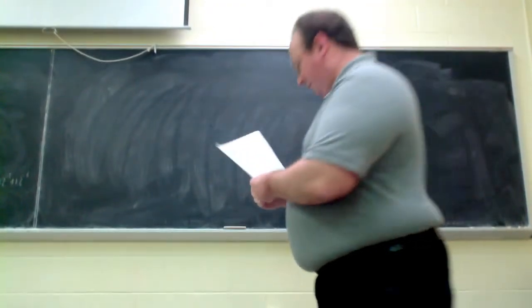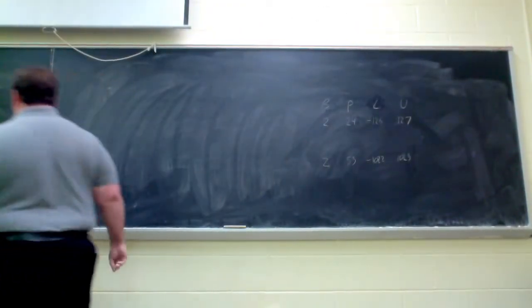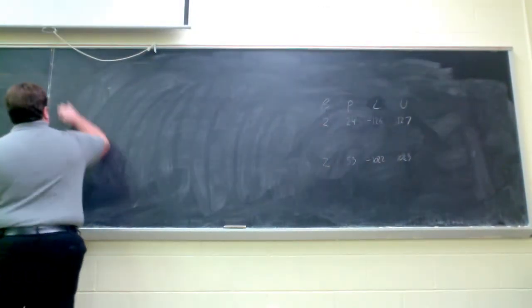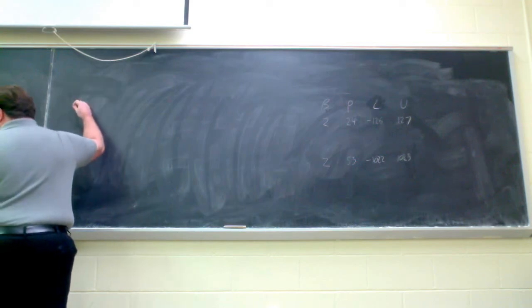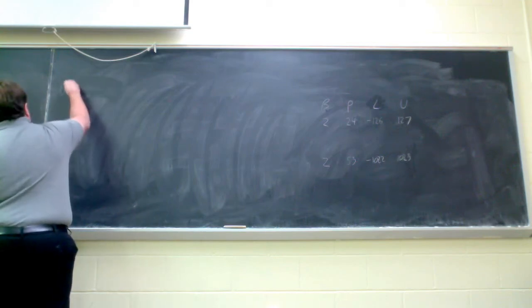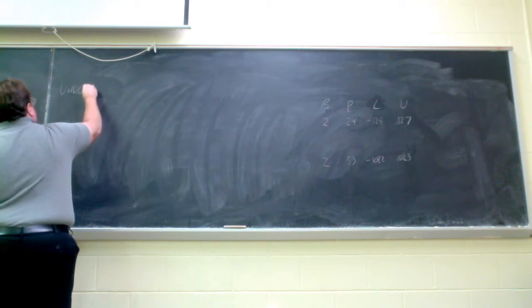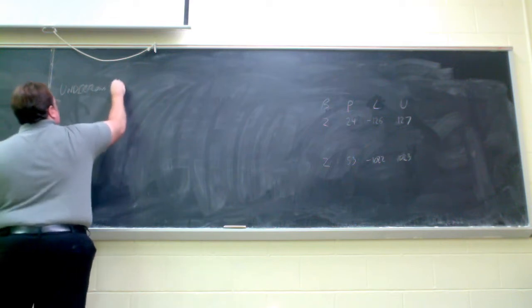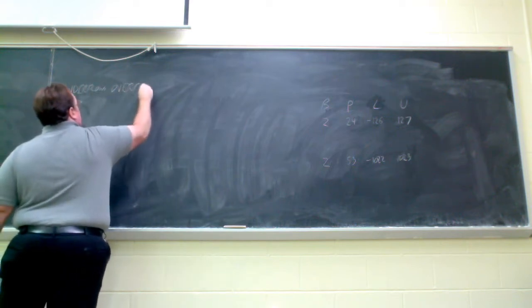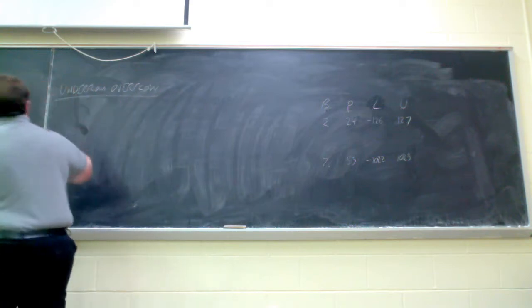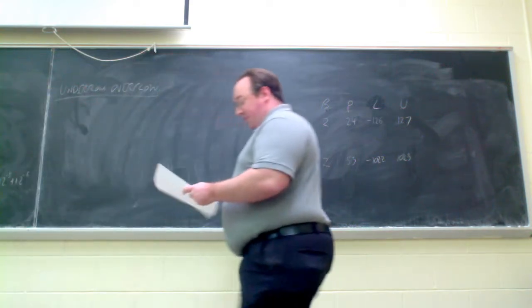Okay. Now, some important properties of floating point systems. So, underflow and overflow. This has to deal with what magnitudes of numbers you're able to represent in your system.